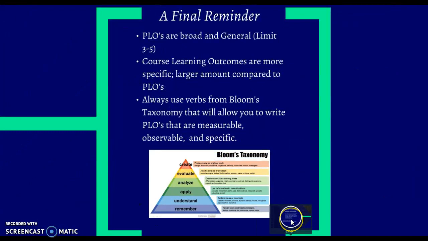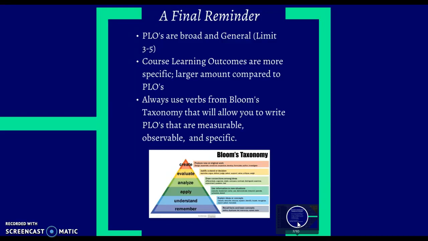A final reminder, program learning outcomes are broad and general. Limit them 3 to 5. Course learning outcomes are more specific. They have a larger amount compared to program learning outcomes.